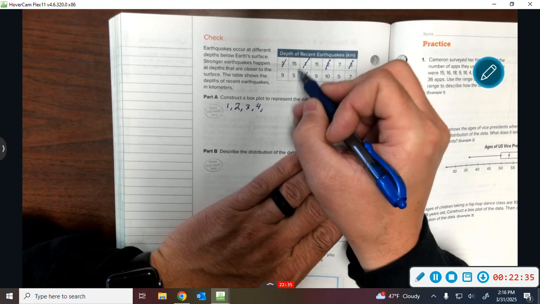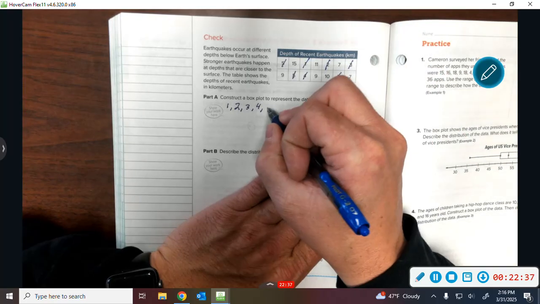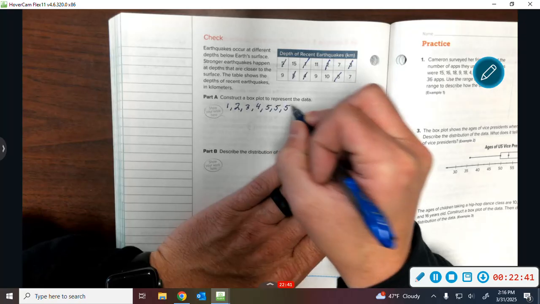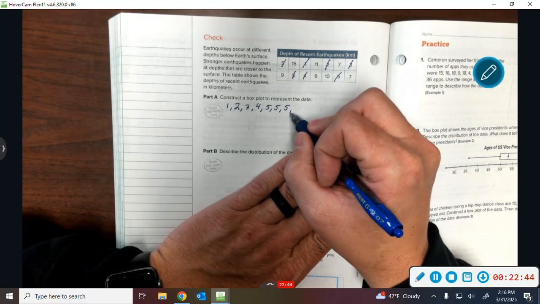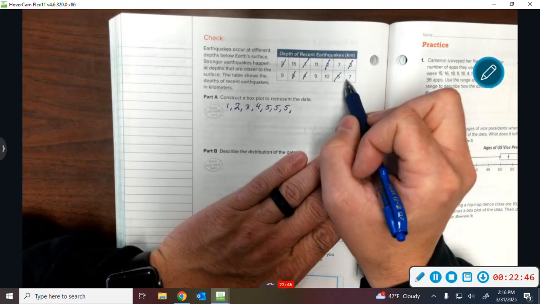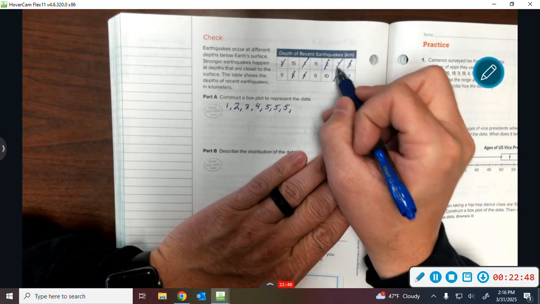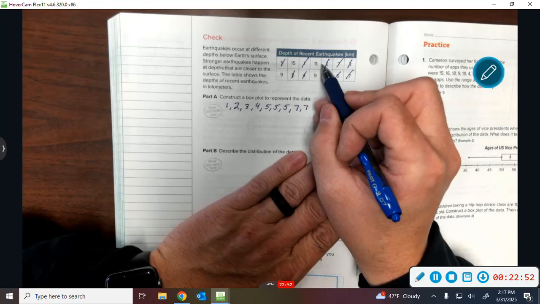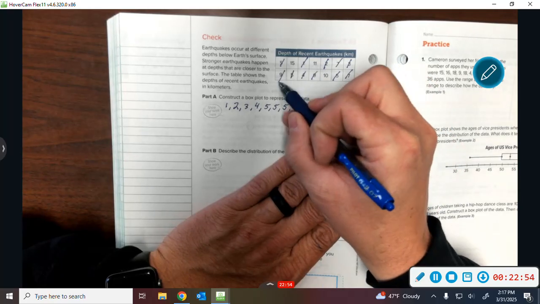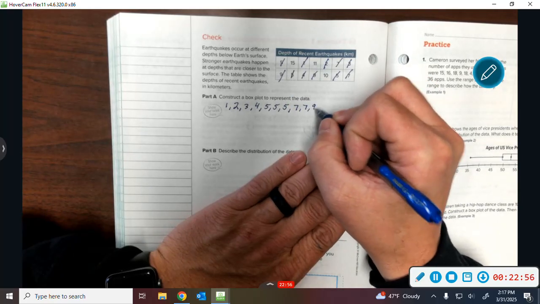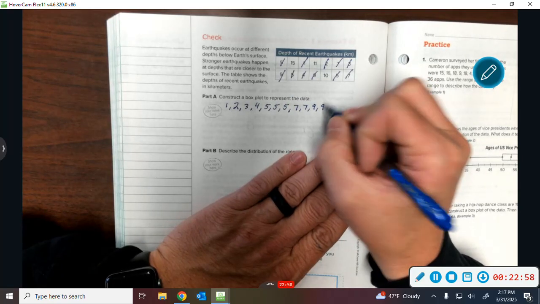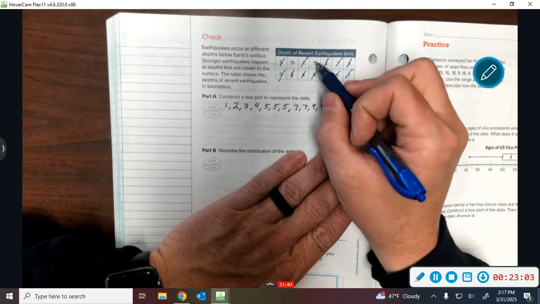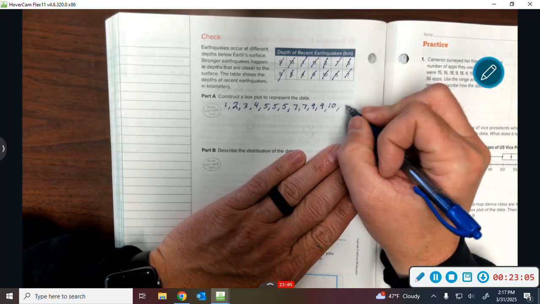So we have three 5s that we need to write down. And then, do we have any 6s? No. 7, 7. So there are 2 of those. And then no 8s, and then we have 2 9s. So put both of those 9s. And then a 10. And then 11 and 15.